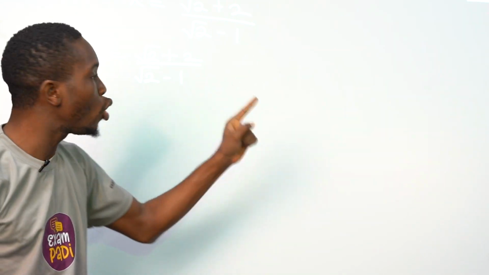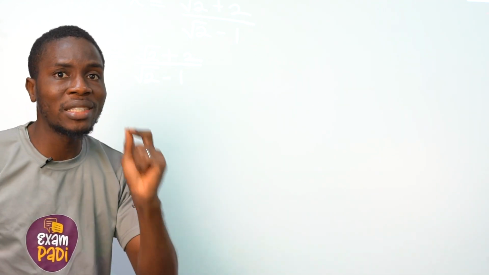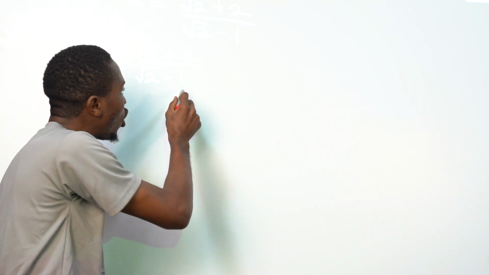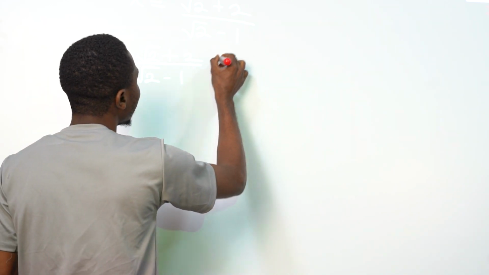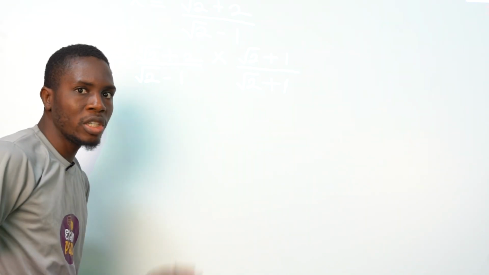The rule of rationalization states that you have to multiply both the numerator and the denominator by the denominator, and you need to change the sign. So we are multiplying by root 2 plus 1 over root 2 plus 1, instead of minus. With this process, we've performed rationalization.